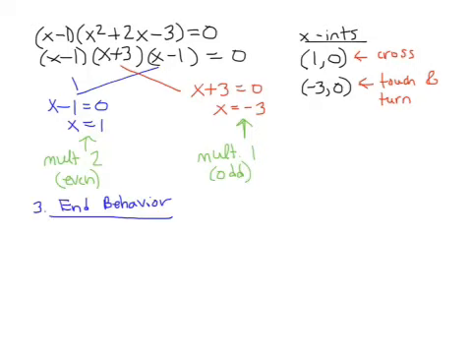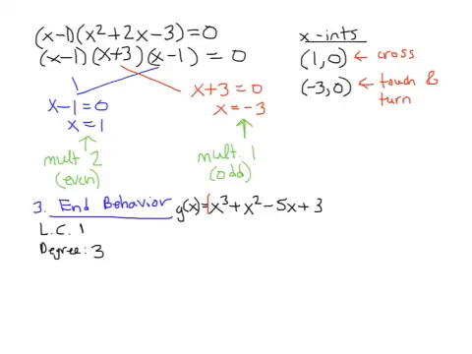For the third part, we need to check out our end behavior, which requires the leading coefficient test. So we need to know our leading coefficient, which I always abbreviate LC, and we also need to know our degree. Our degree is 3. And our leading coefficient, as we mentioned earlier, is the number out in front of the x cubed term, so that is going to be 1.